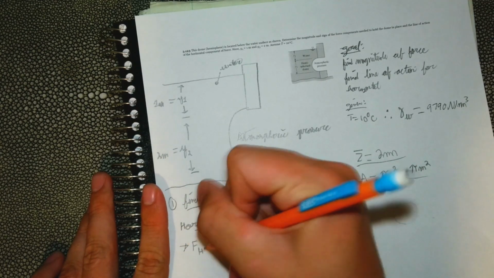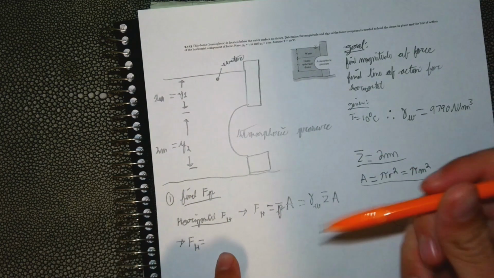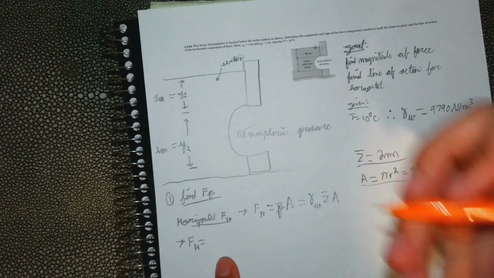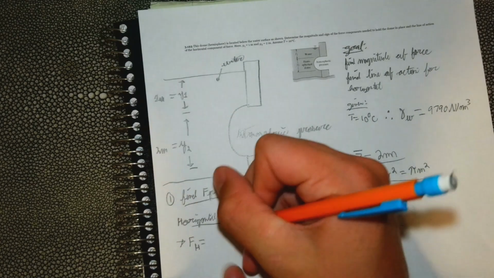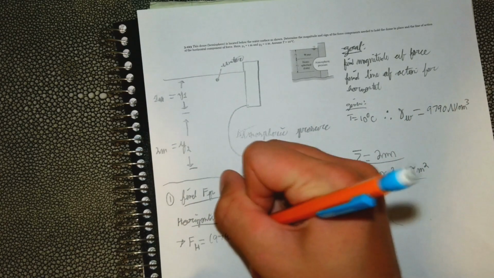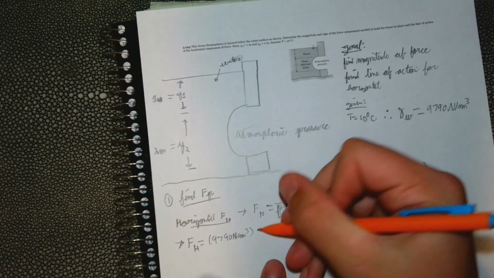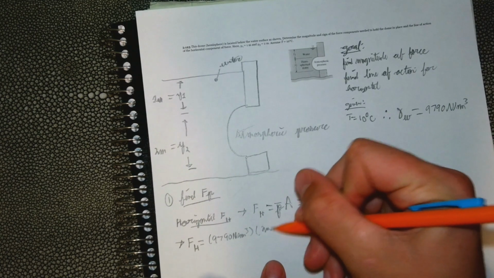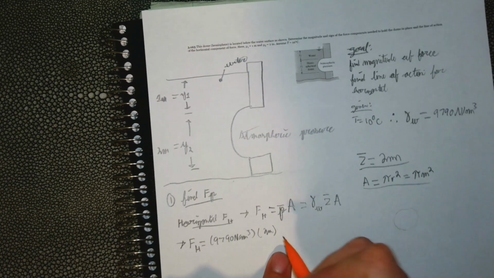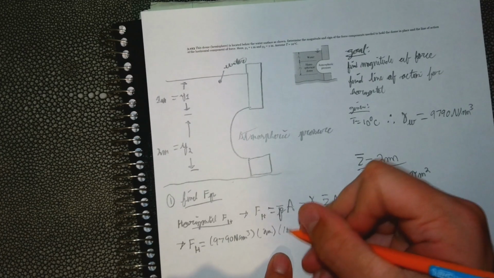The horizontal component of the pressure force equals the specific weight of water times the height, which is 2 meters, to the centroid, and then the area, just pi.